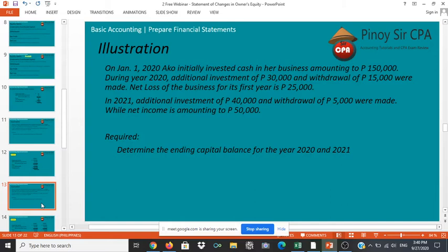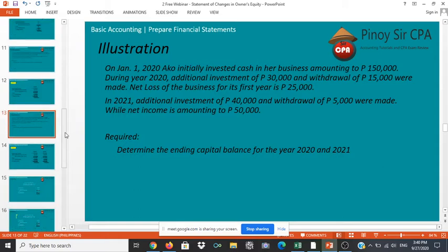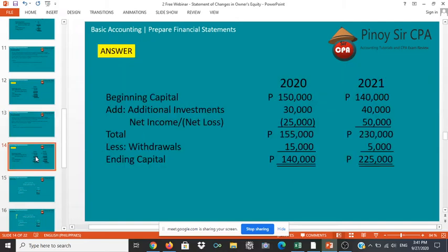Next question, how much is the ending capital for 2021? 225,000. That is correct. Nakuha ba ng iba? Yes po. Okay. Simple lang tayo pagdating dito sa statement of changes in owner's equity. Napakadali. Okay?